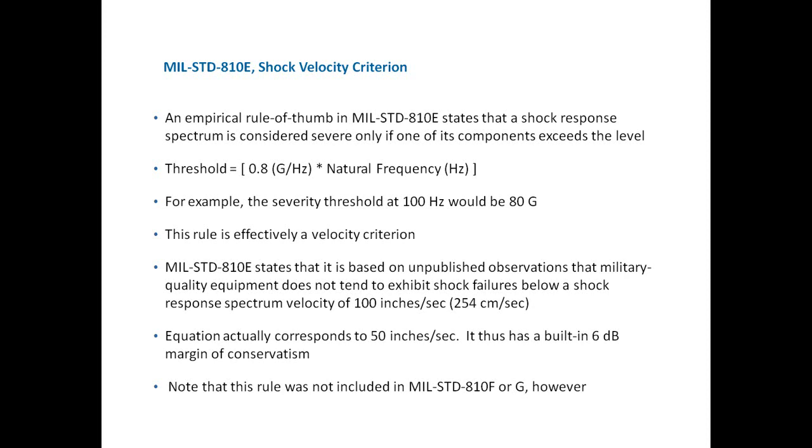Well, if you actually work through the mathematics of that formula in bullet 2, that actually corresponds to 50 inches per second. So there's a built-in 6 dB margin of conservatism.